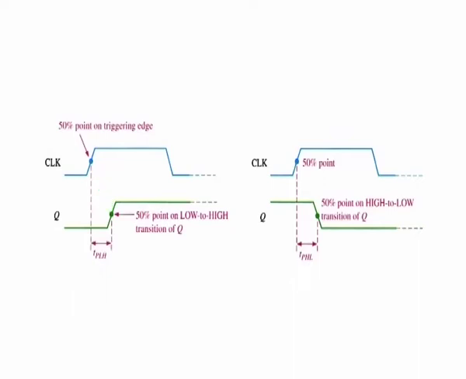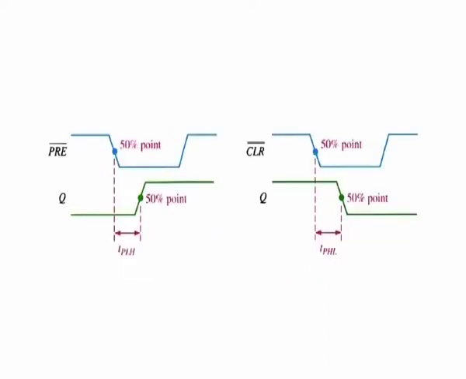The second is the propagation delay TPHL illustrated in figure B and is measured from the triggering edge of the clock pulse to the high to low transition of the output. Third is propagation delay TPLH as measured from the leading edge of the preset input to the low to high transition of the output.